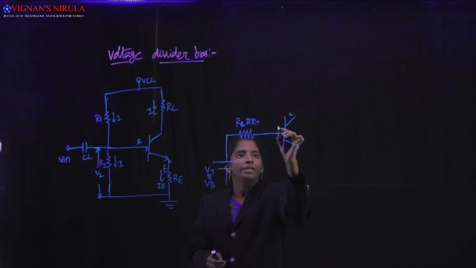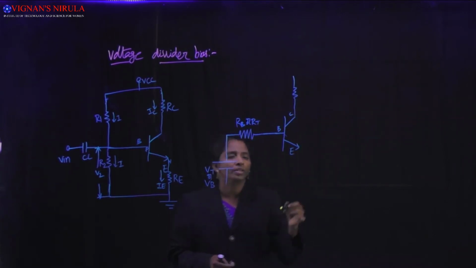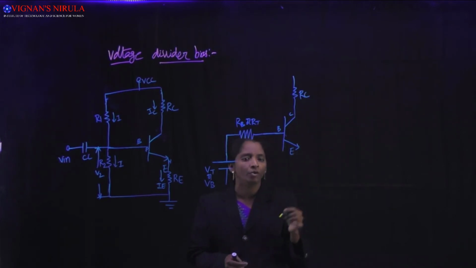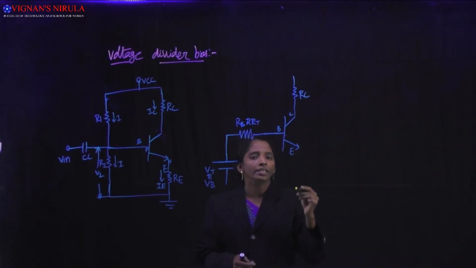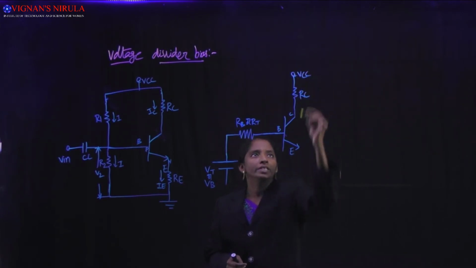Collector, base, emitter. Now we are connecting the output resistor, represented with RC, because we are taking the output across the collector resistor, and applying supply voltage VCC.